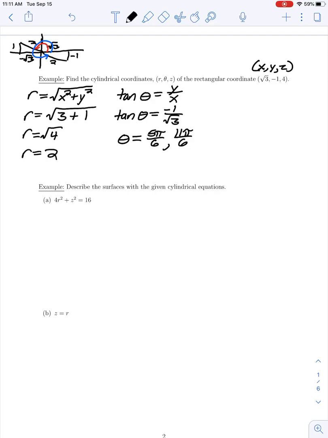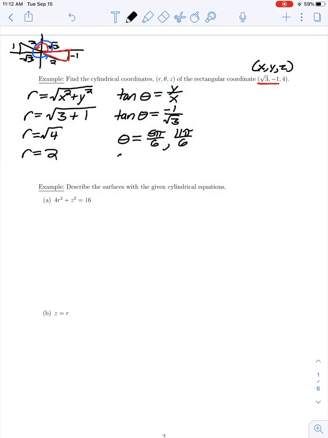And then the question becomes, well, which of these theta values do we want? So do we want the angle in quadrant 2 or quadrant 4? To determine that, we can look at our xy coordinates. Here, x was +√3, y was -1, which means that we're looking at the triangle that lies in that fourth quadrant.